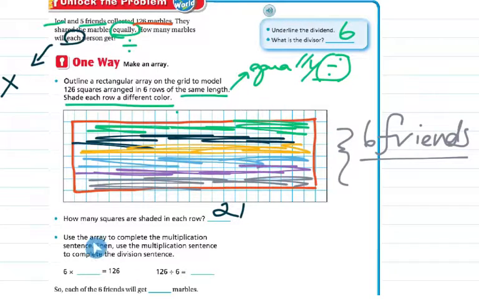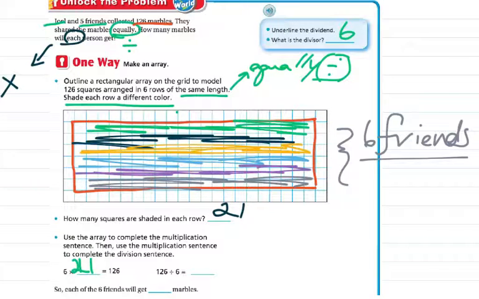It says use the array to complete the multiplication sentence. Then use the multiplication sentence to complete the division. So, boys and girls, 6 times 21 equals 126. So our missing factor is 21.